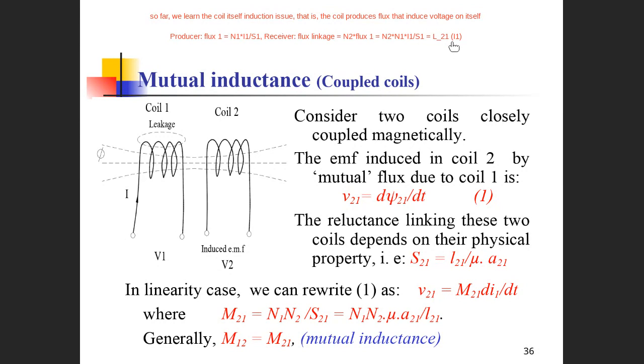That means producer 1, receiver 2: due to current 1 on the coil 2. So this is the mutual inductance, N1 N2 over S1.